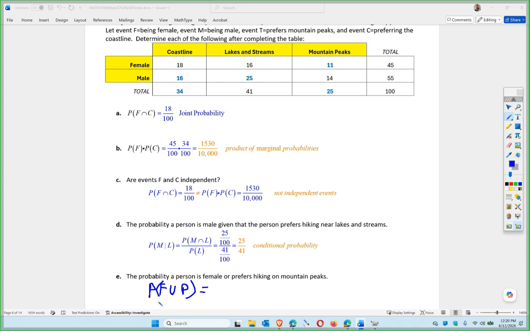All right, so the probability of female or the mountain peaks. Each of these is marginal, right? Because essentially it's the probability of female plus the probability of... oh, I should have used P, shouldn't I? I don't know. We'll use K. That works better, actually.